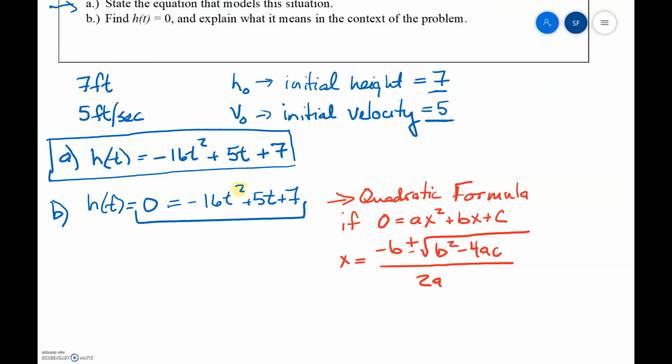For all cases, a is the number in front of the squared variable, not including the squared variable.